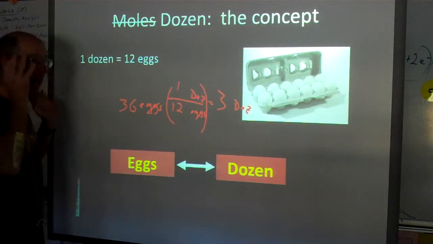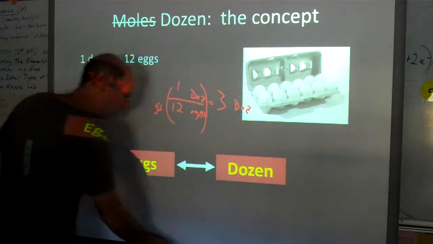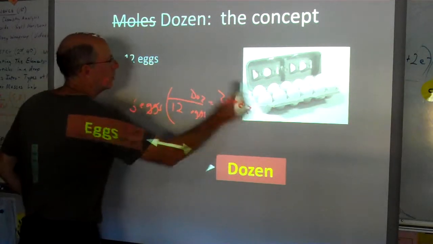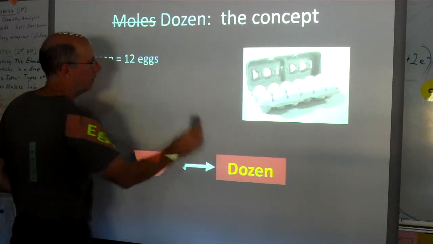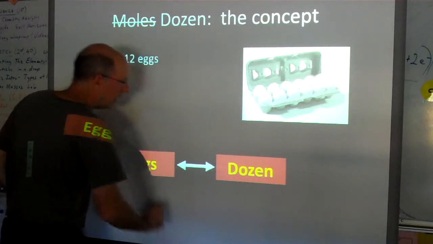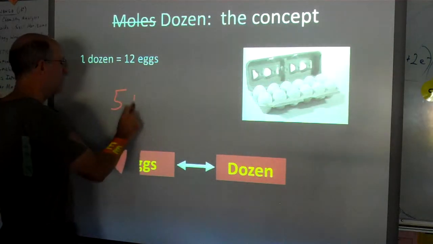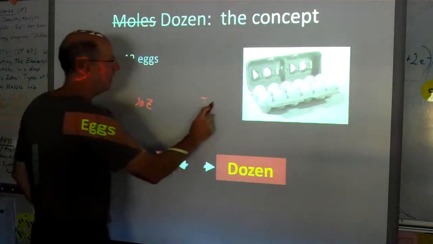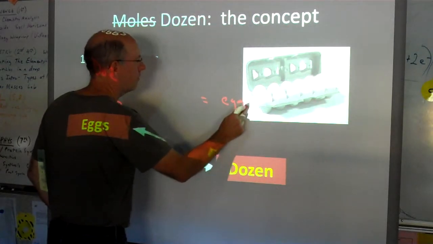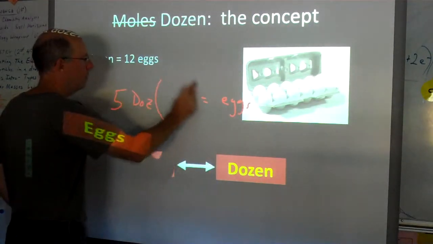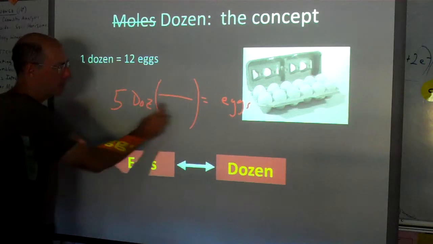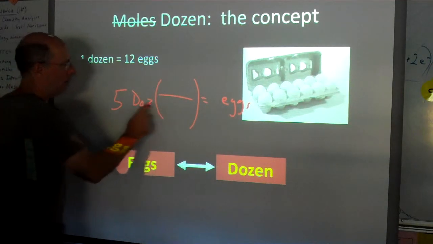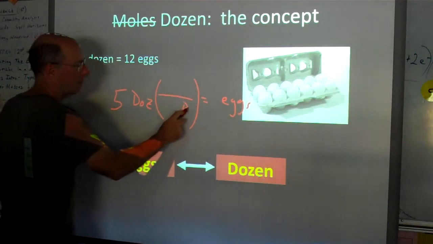We could run this problem backward. Let's say you had 5 dozen eggs. How many eggs is that? Well, we set up what's called a conversion factor, and we want to get rid of the units, which are called dozen.